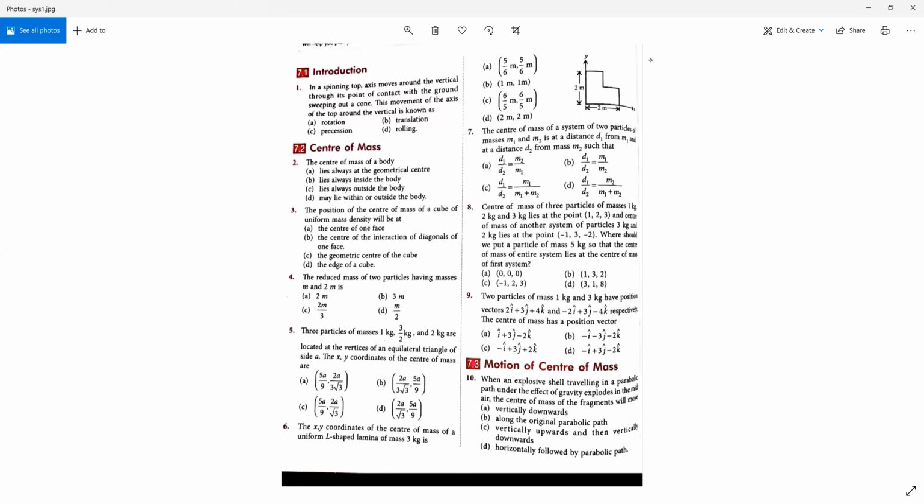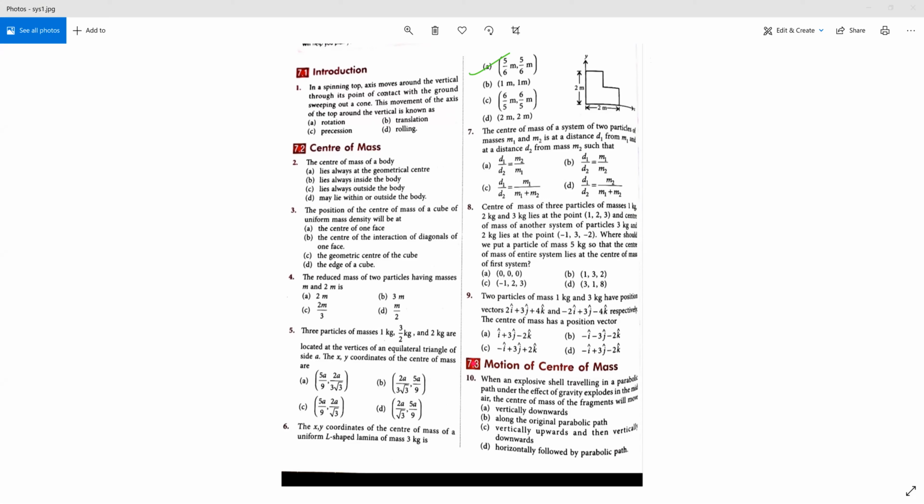If you want to take a screenshot of these questions, you can take the screenshot. So for the sixth one, the right answer is the eighth option.